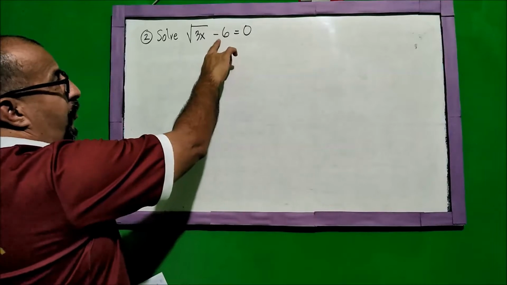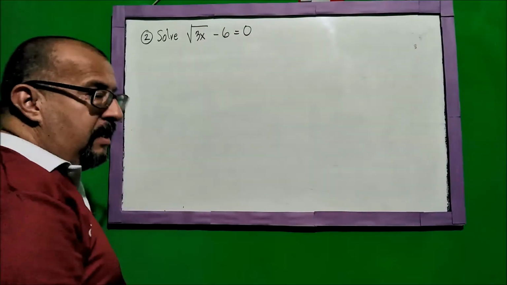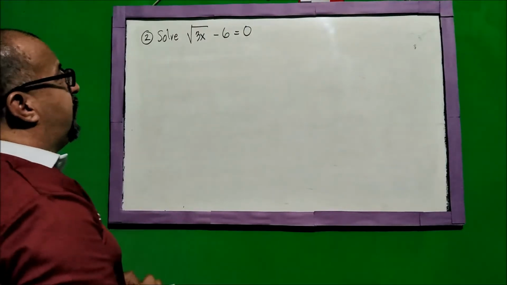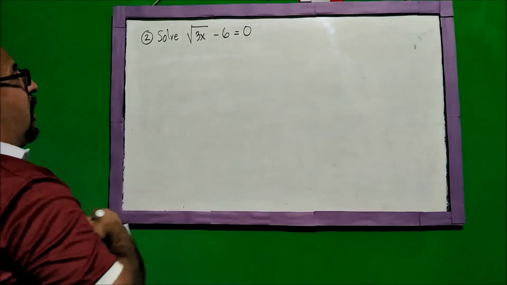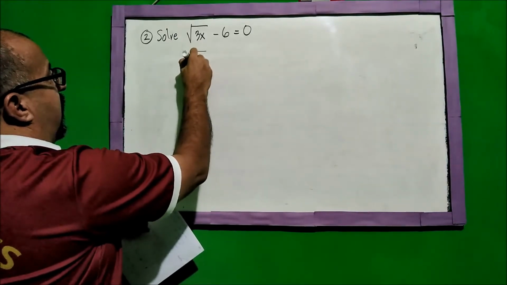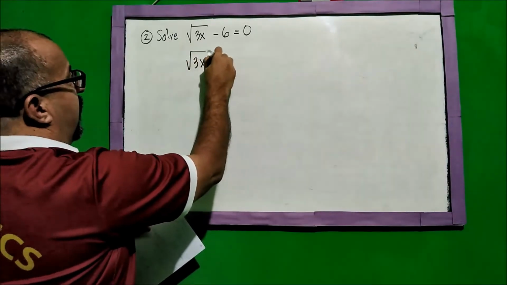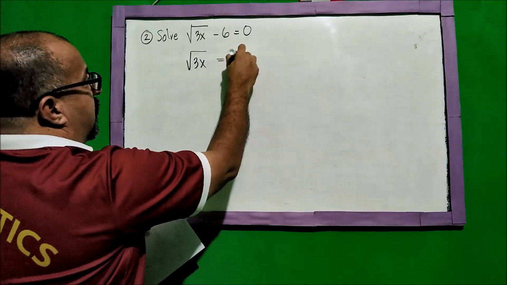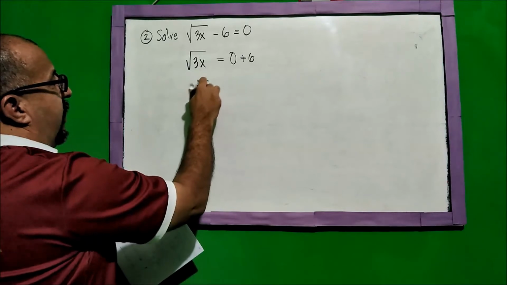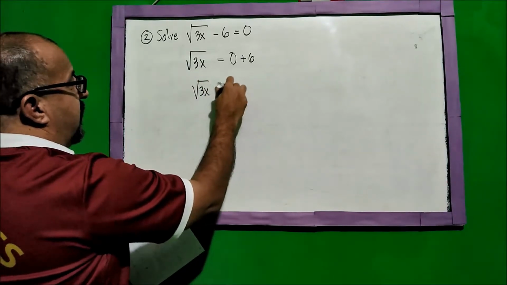I need to move this negative 6 to the other side and then be able to apply the procedure of squaring. So let's copy the problem with the inverse operation already in form. So 0 plus 6, then the square root of 3x equals positive 6.